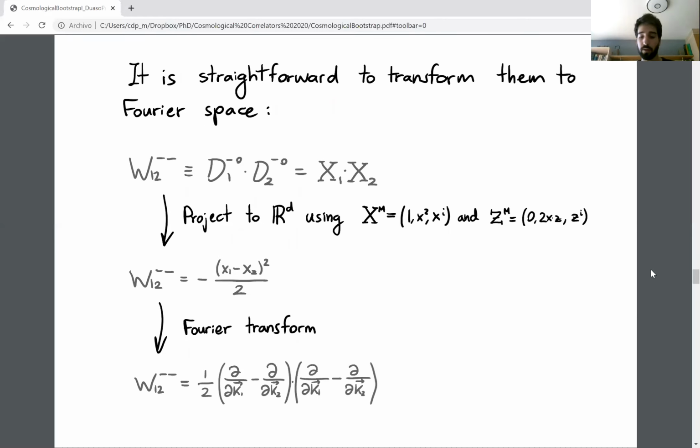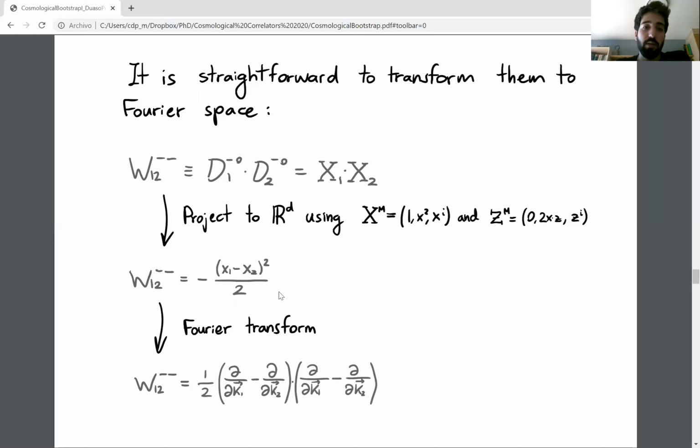Now, of course, we have done all of this in embedding space, but we want to translate it to Fourier space. But this is really easy to do. We just have to go first to the usual position space by projecting them on the section.